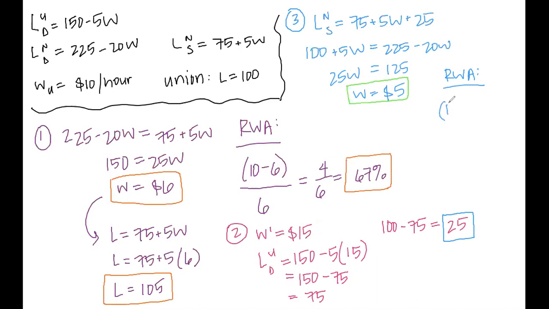So the difference is now going to be 15 minus 5, and then we put that over the non-union wage, which is 5. This becomes 10 over 5, which is really 200%. What this number tells us is that the union workers are getting paid 200% more than the non-union workers.